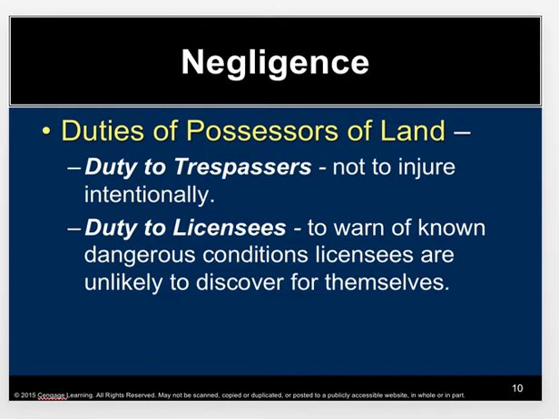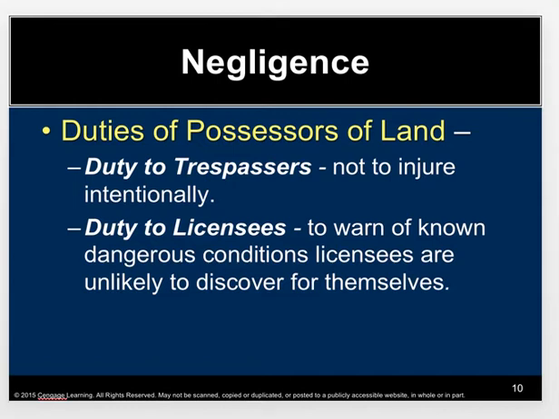And your duty as a landowner to licensees is to warn of known dangerous conditions licensees are unlikely to discover for themselves. So again, you know your property better than anybody else. If you know that there's a problem, for example, let's say you're building that pool and there's a hole and it's not easy to see. So if you invite somebody over to your house, or you give somebody a license to come onto your property, you have to warn them of those dangerous conditions.